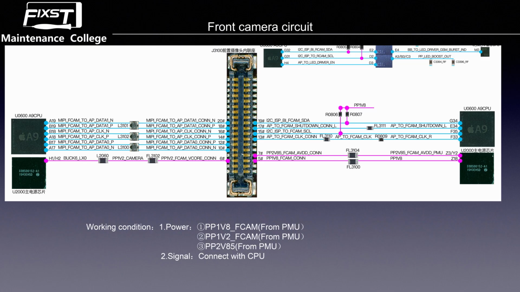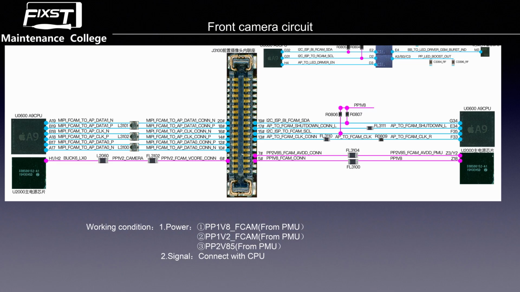And the power has 3 kinds. One is PP 1.8 power and the second is PP 1.2 voltage power. And the third is PP 2.85 voltage power. These 3 level powers all come from the PMU. And the signals are all controlled by the CPU.